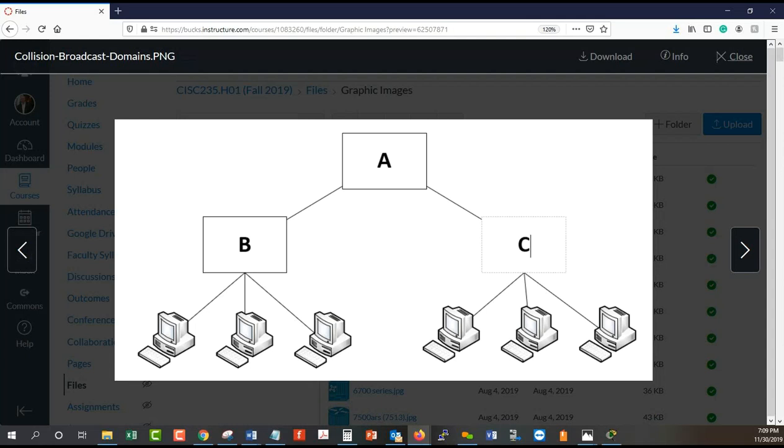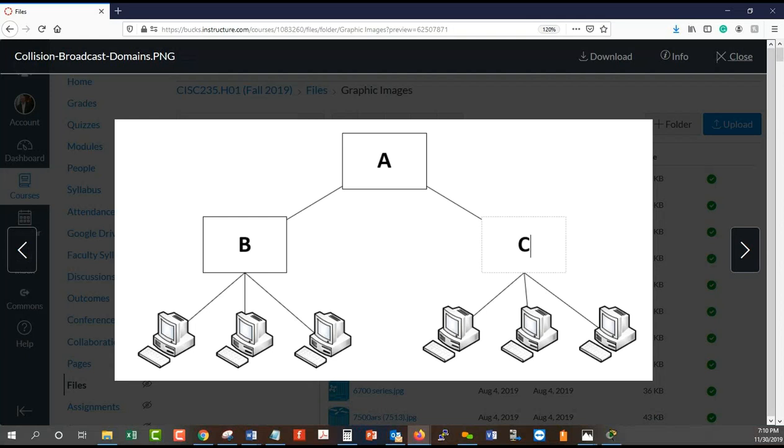Now, let's take it up a step. A is a router. B and C are switches. How many collision and how many broadcast? Perfect. Okay. Very good.